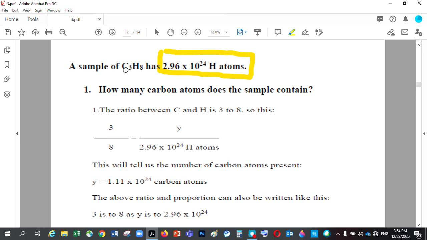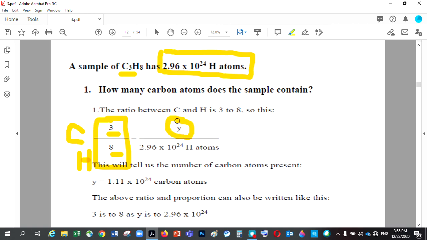Now it asks how many carbon atoms. If you have this much hydrogen, how much carbon? Well, you have to set up a ratio, correct? Between carbon and hydrogen. So this is carbon, and this is hydrogen. So I have 3 carbon and 8 hydrogen, and this will be the same ratio.